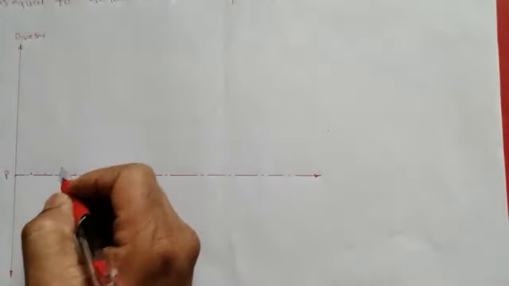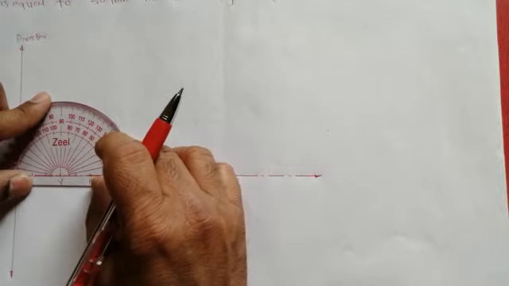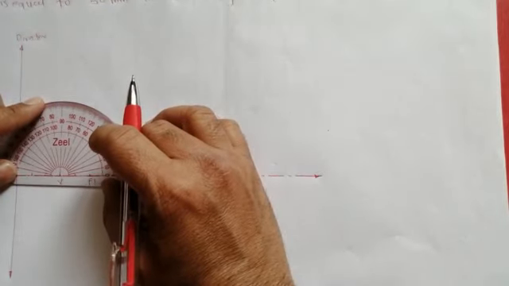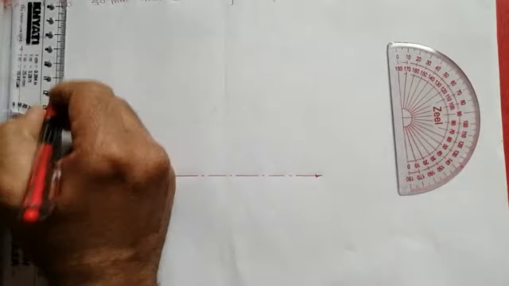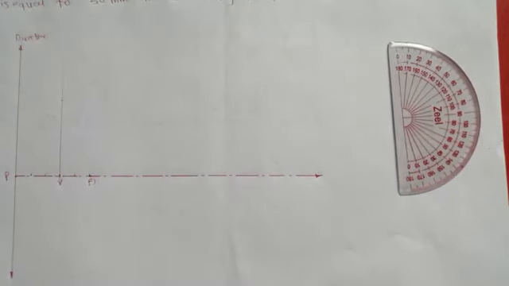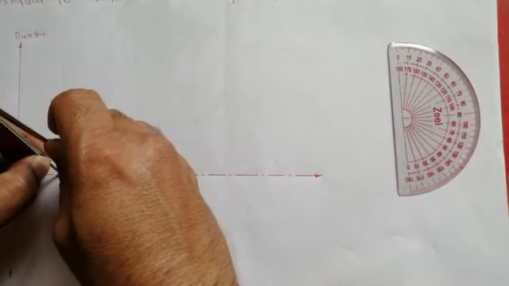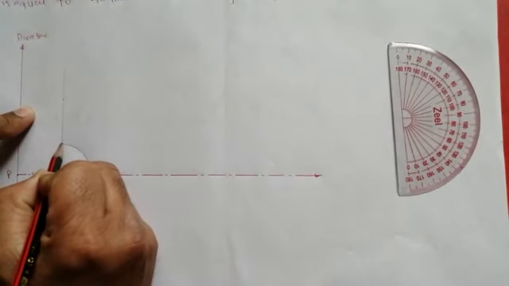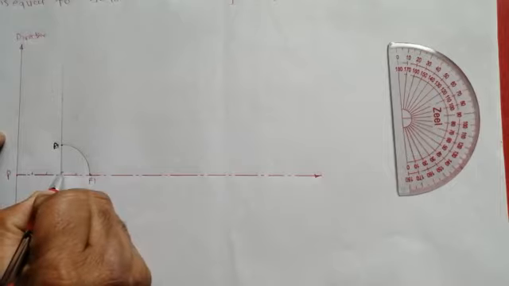Now once you have located point V, we'll draw a line exactly at an angle of 90 degrees. Now we'll draw a curve passing through this point F1 and considering the center as V. So we'll get one point, that is the meeting point with the vertical or perpendicular line which we have drawn from point V. This will be exactly at an angle of 90 degrees.